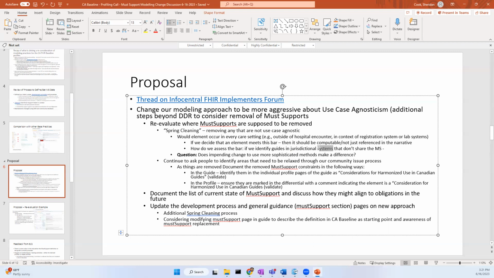But do you mean a jurisdictional guide or an actual guide that sits over a tool or a database that a jurisdiction is drafting expectations around?